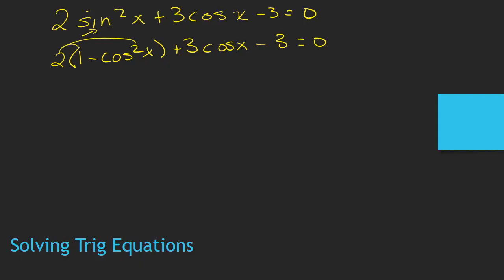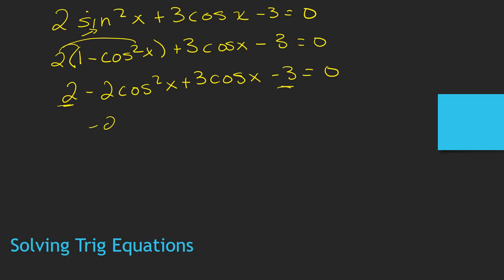So we're going to go ahead and distribute this. 2 minus 2 cosine squared x plus 3 cosine x minus 3 equals 0. Okay, now I'm going to go ahead and combine like terms.